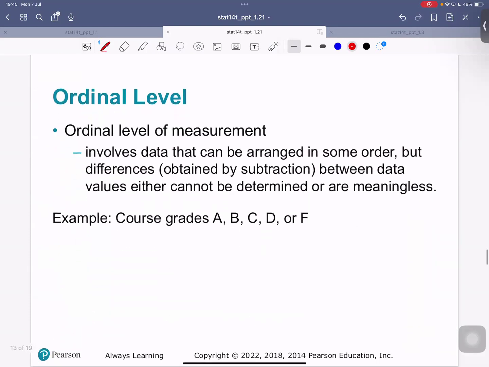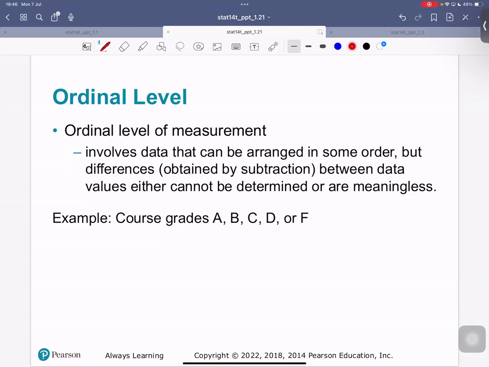The ordinal level involves data that can be arranged in some order, but differences obtained by subtraction between data values either cannot be determined or are meaningless. For example, course grades A, B, C, D, or F. In this case, we can arrange them in order, right?